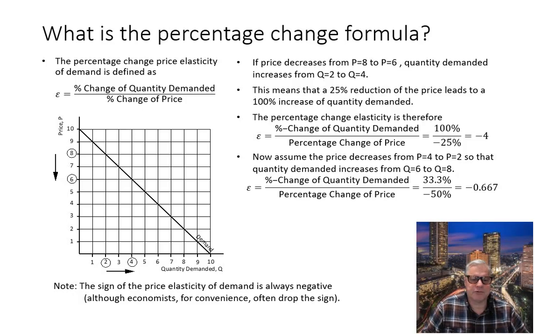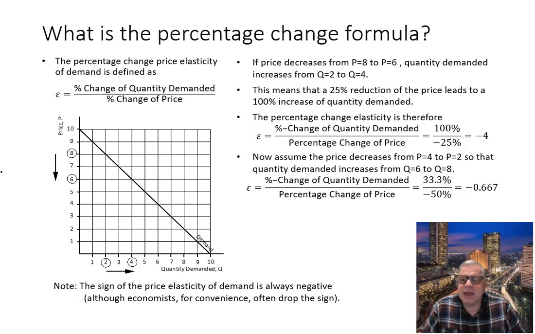So the percentage change of the price is negative 25%. But the increase in quantity demanded from 2 to 4 is a doubling, or 100%.